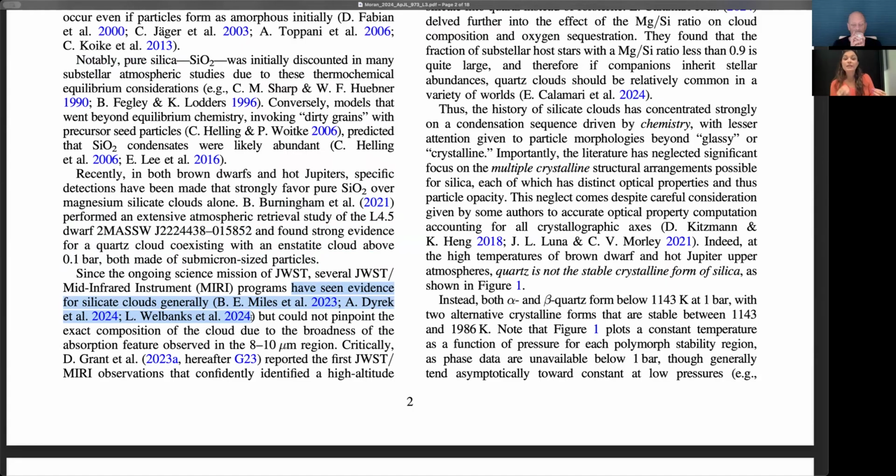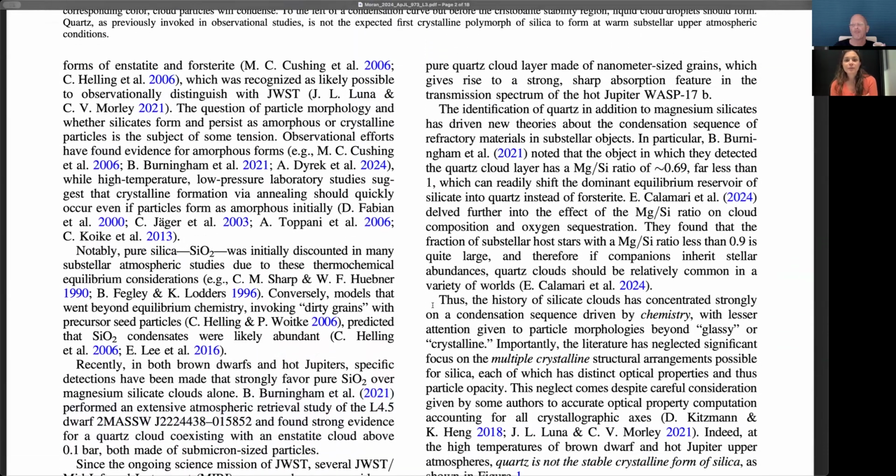The really exciting thing is the detection in WASP-17b, led by Grant et al. in 2023, where they see the signature in the mid-infrared in the JWST wavelengths, and it's very sharp, which means you can identify it pretty conclusively as SiO2.